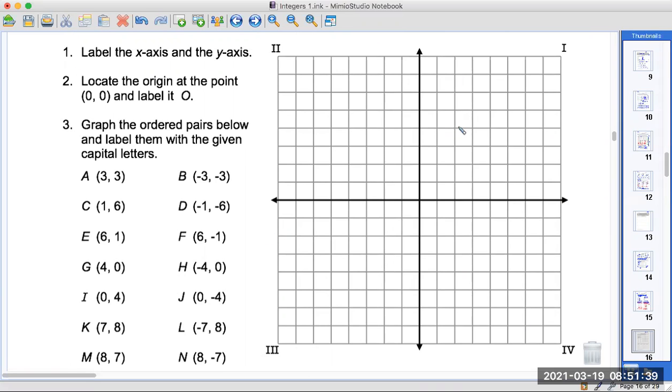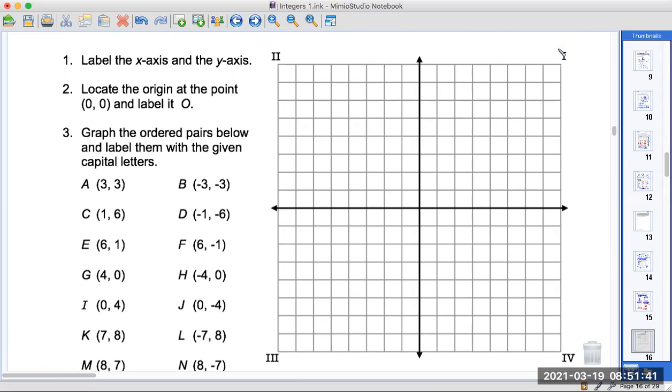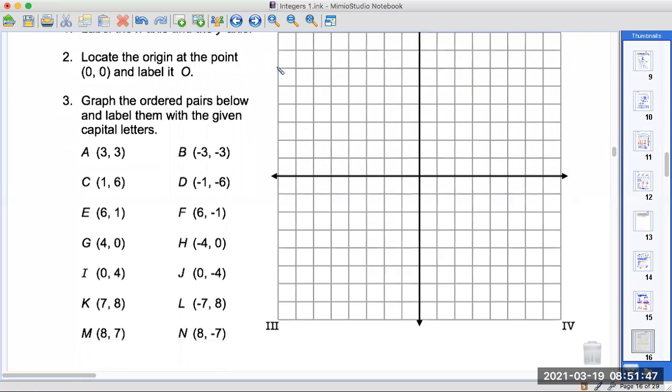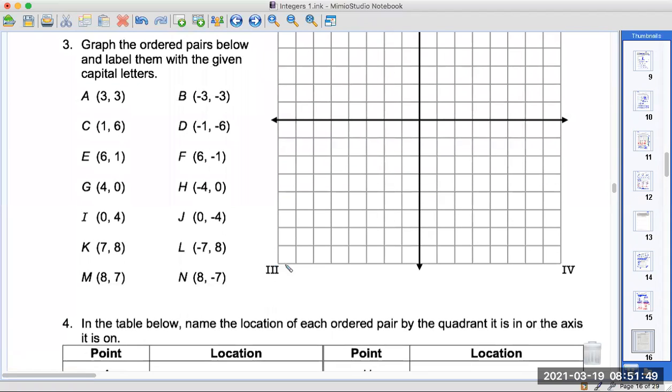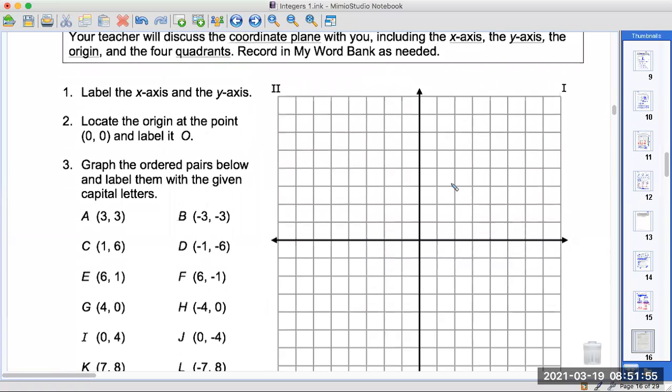You have 4 quadrants and they're Roman numerals. They're right here in the corner. This is quadrant 1, 2, 3, and quadrant 4. So 1, 2, 3, 4. And your axis, you always want to label with X and Y. Write it on the corner here.